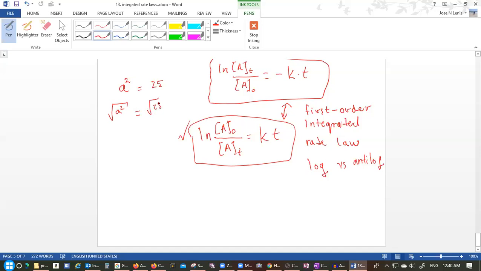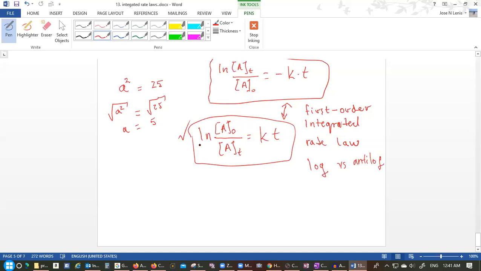Square root of 25. So what is the square root of A squared? A. What is the square root of 25? It's 5. You see? Or vice versa. If you have the square root, how do you get rid of the square root? Taking a square on both sides of the equation.